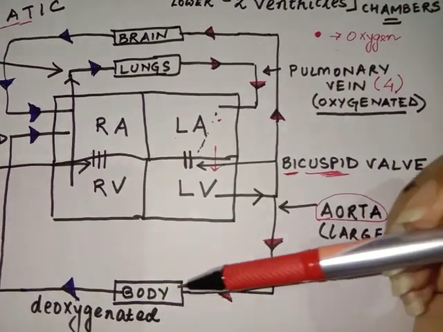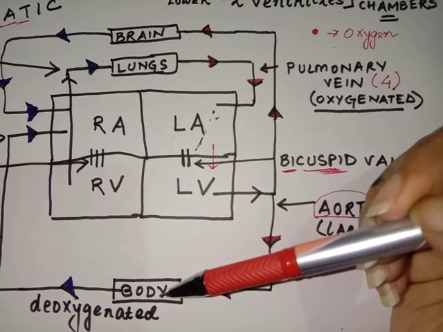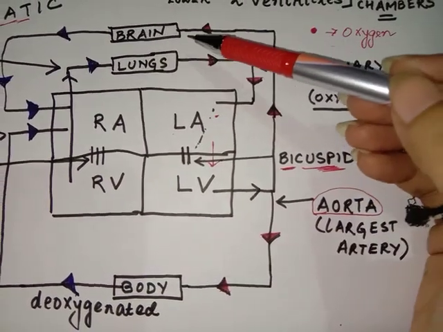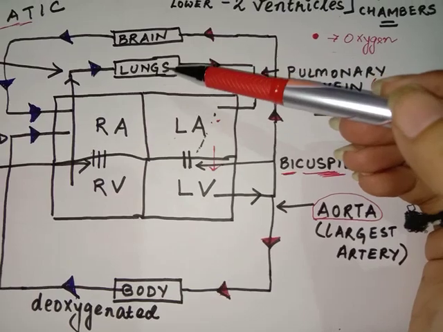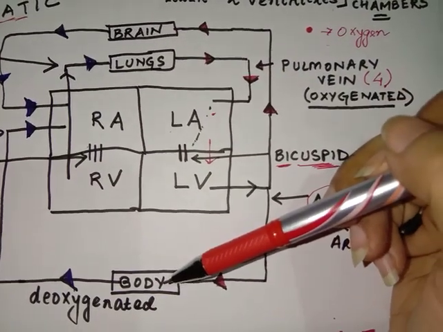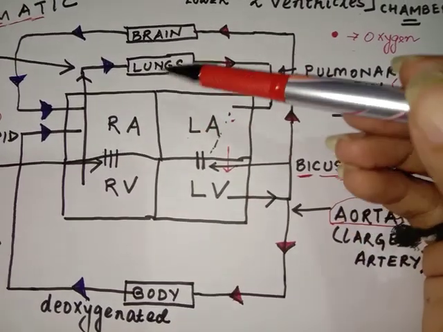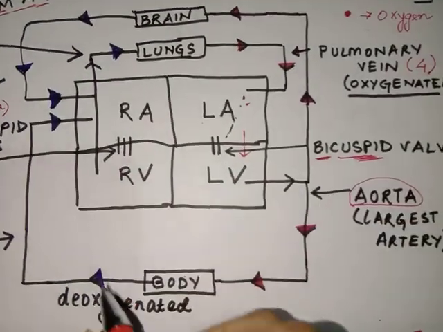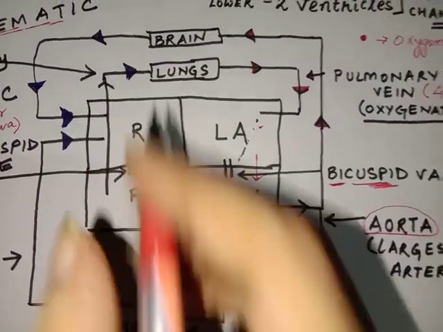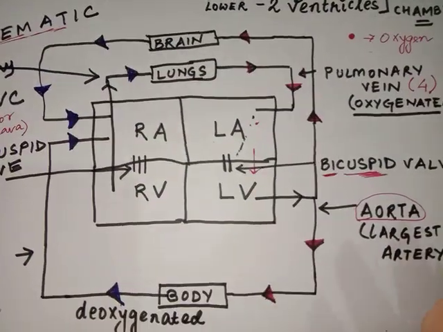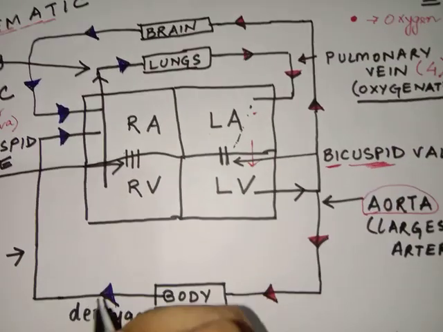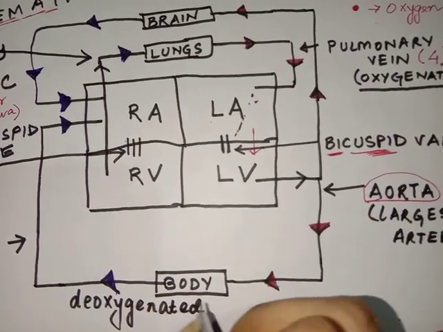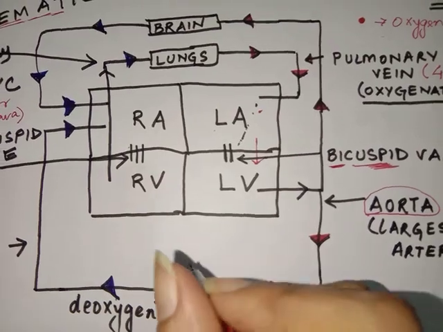Now the blood has been distributed to your body and to your brain. Whatever oxygen was there has already been provided to the tissues and to the brain. Now the blood which is coming out from the body and the brain does not contain oxygen, that means it is deoxygenated. It has given all of its oxygen to the body and the brain.